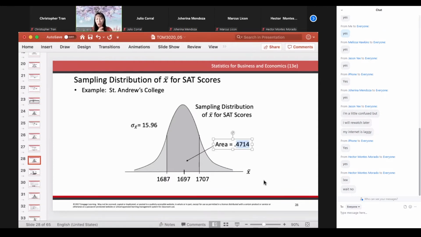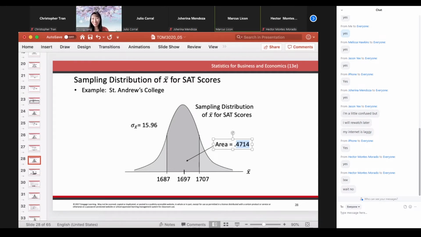We did a lot of work, right? We got two z-scores, two probabilities, and we finally got to the right number, 0.4714. So if people ask you, what does it mean? What is this number? Who can precisely answer that?